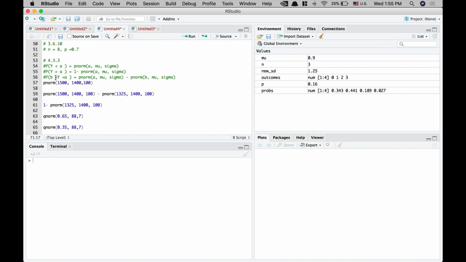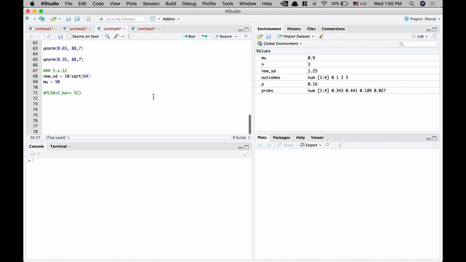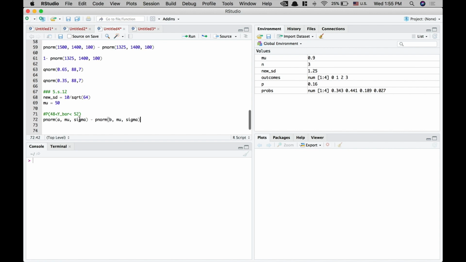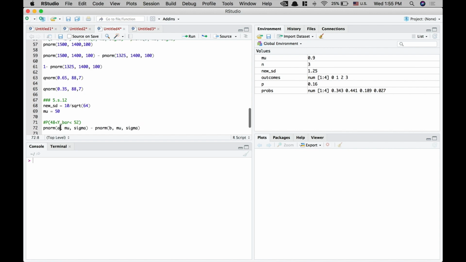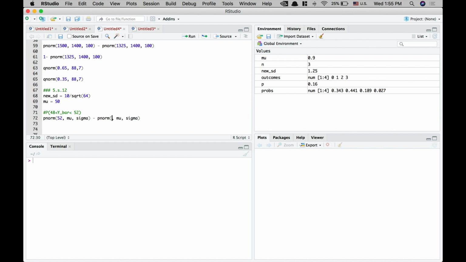So we want to find a quantity like this. As you can see in the cheat sheet here, we can use this line of code. We have to change our A into 52 and B into 48 because we want the probability between 52 and 48. And the mean is 50. So we change it here, or if you run this line, R already knows that the mean is 50, so you can just keep it here.